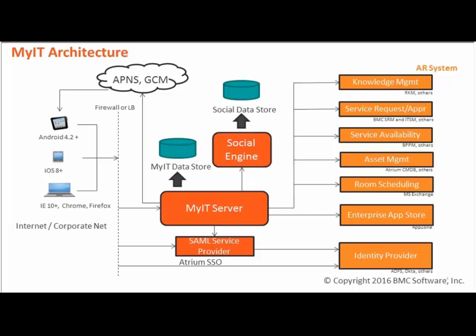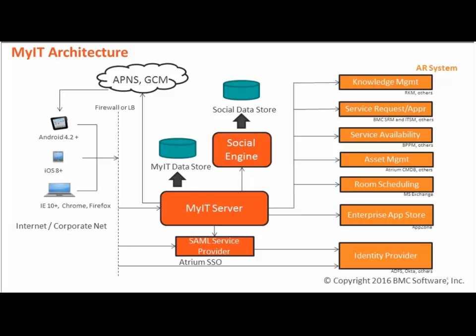Now you can see the other components that we have here. These are all providers. So the way MyIT is architected is we have the core MyIT server, and then everything else is a provider. So it's easy to extend or integrate with any external data source using a provider-based architecture. All you have to do is build a provider for a particular capability that you're building.